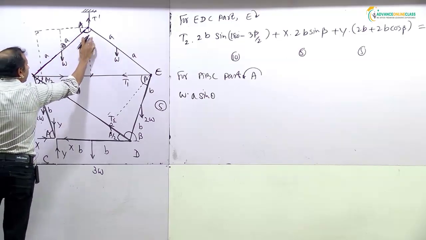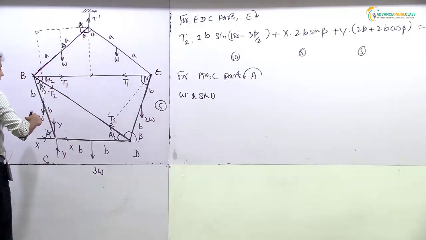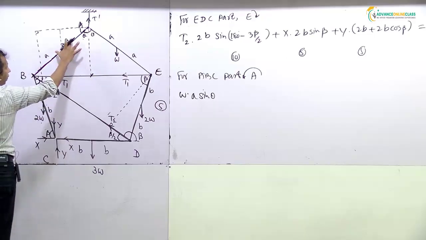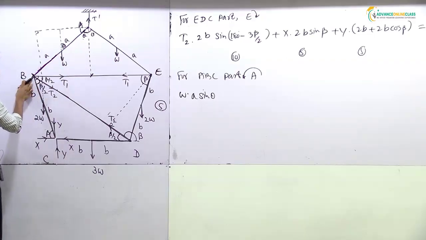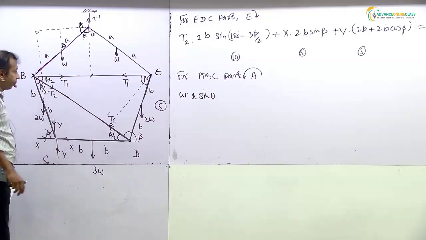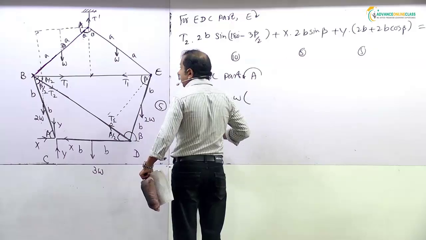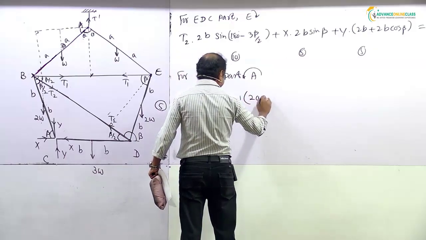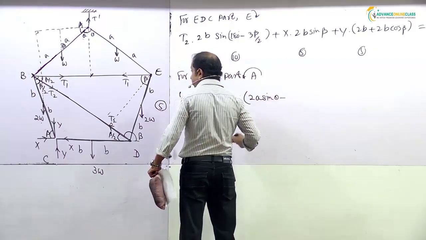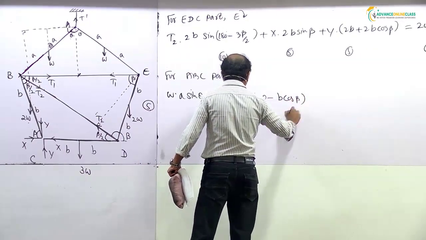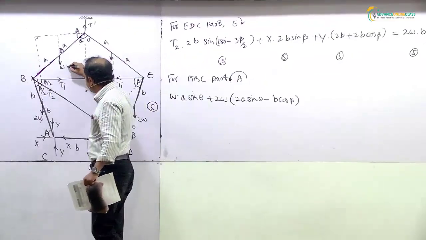Then the length from here to here is 2A sine theta. But we have to subtract this part. What is that? B cos beta. Correct? 2W into 2A sine theta minus B cos beta. This and this both we took.